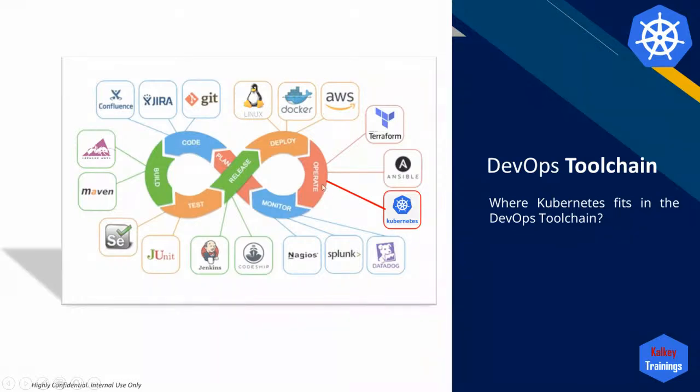So this is the operate phase, which is mostly under the operations team, where Kubernetes will come. Does it mean that you need to be an operations guy? No. Does it mean that you need to be a development guy? No. Does it mean that you need to be a testing guy to be able to work on Kubernetes?